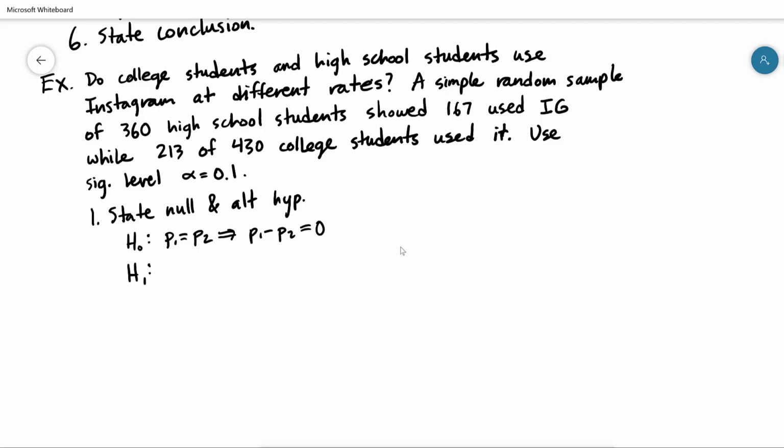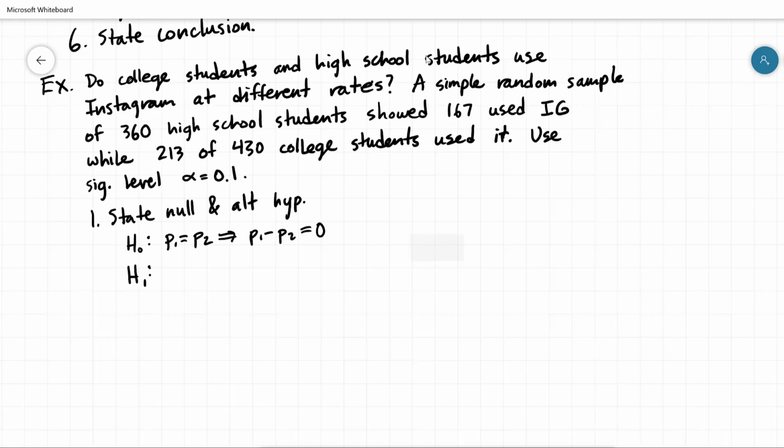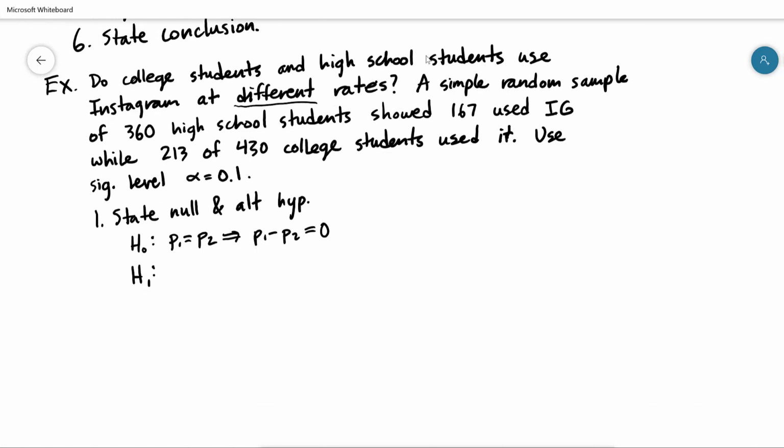And the alternate hypothesis, based on the phrasing of the question here, it doesn't ask are college students more likely or high school students more likely. It just says, does it differ at all? So the key word is this different. The fact that we're just interested in whether the rates are different, not whether one is bigger than the other, tells us that this is a two-tailed hypothesis.